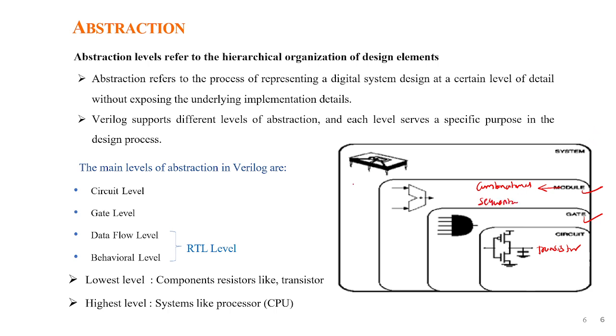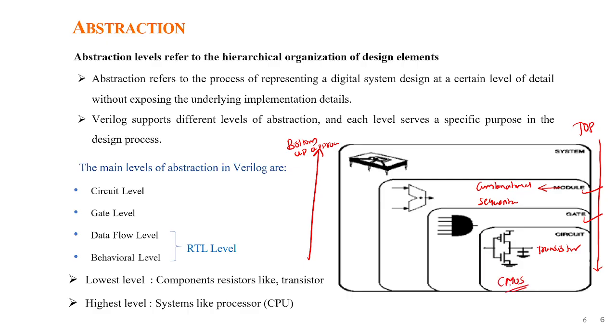There are two types of approaches: the bottom up approach and the top down approach. Bottom up approach means normally we design at the transistor level, that is CMOS, which we already discussed.